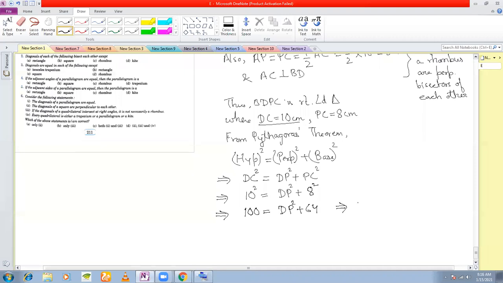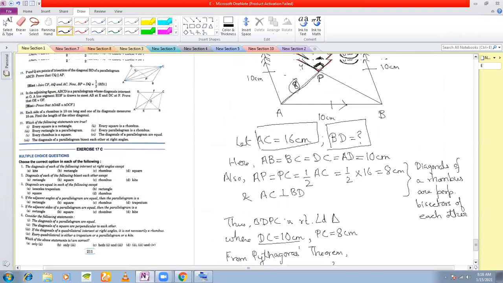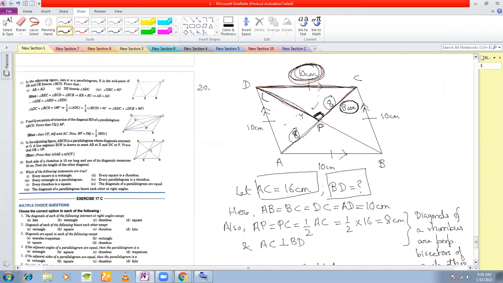If you take 64 to the other side, you get 100 minus 64 is equal to DP square. That means 36 is equal to DP square. That means DP is square root of 36, which is 6 centimeters.